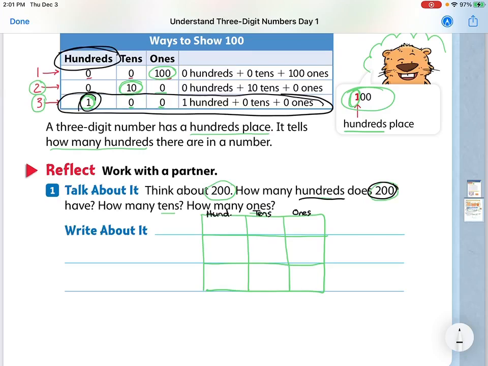So we would put something here, and something here. I want you to pause the video and fill out, we're only talking about this bottom row here, showing us 100. I want to know what it would be for 200. So pause the video and then come back and see if you got it right.